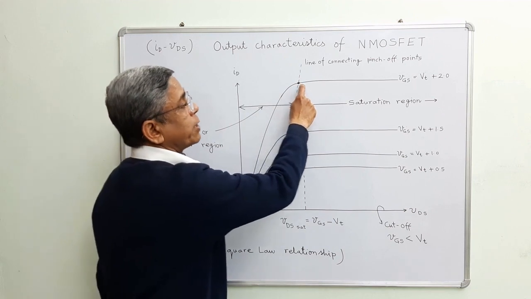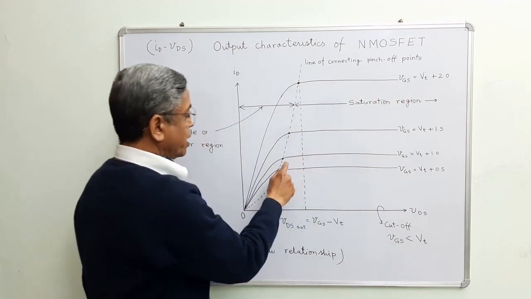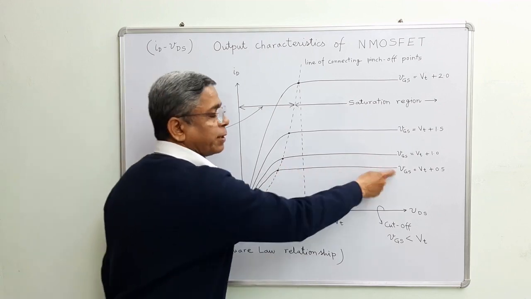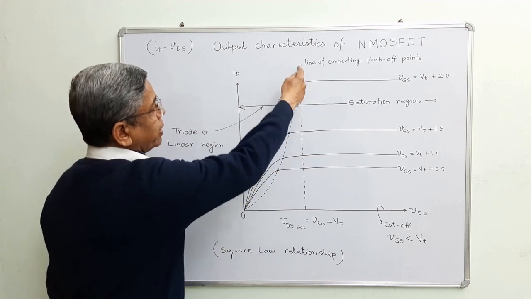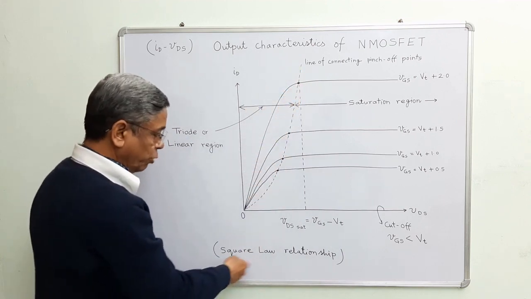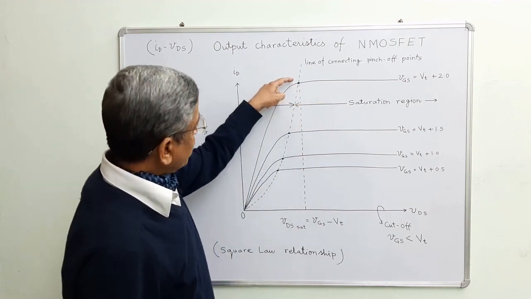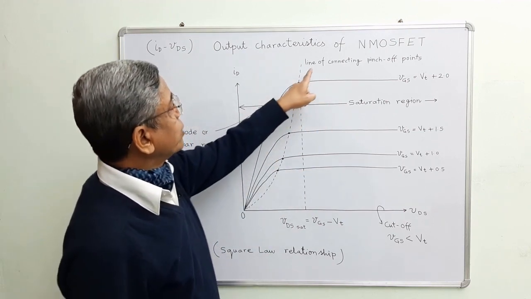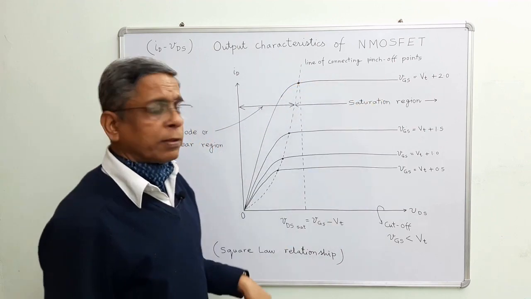This is the pinch-off condition for this VGS, and this is for this VGS, and this is for this, and this is for this. If we connect all these pinch-off points, we see there is a line. Again, this line is following a square law relationship. If we connect 1, 2, 3, 4, this is called the line connecting pinch-off points for various curves.